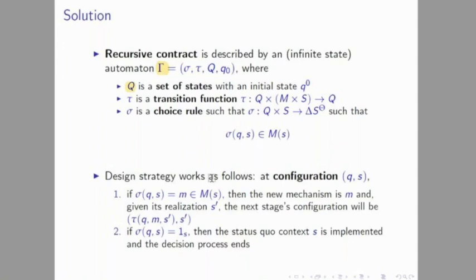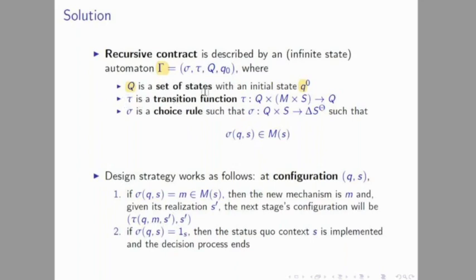It's not the state of nature; it's part of the contract that specifies what we should do under different circumstances. It's a vehicle of information between different scenarios. And there is in particular an initial state Q naught, where the original mechanism is designed.